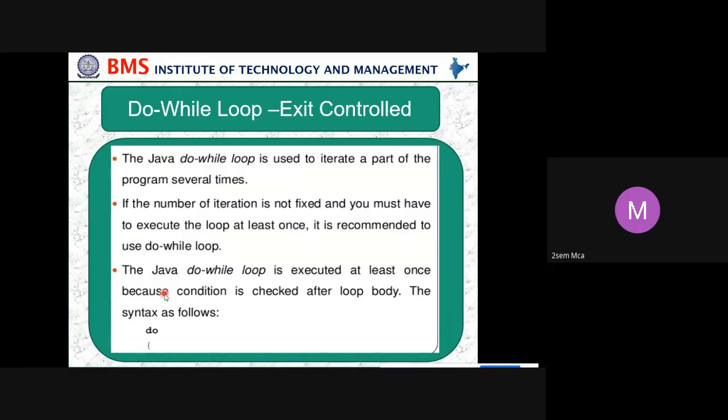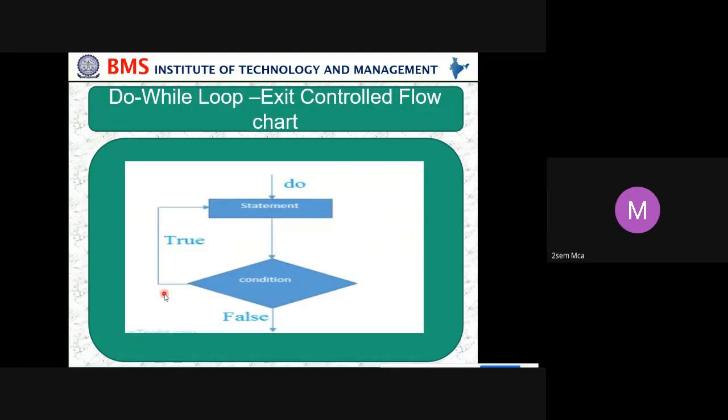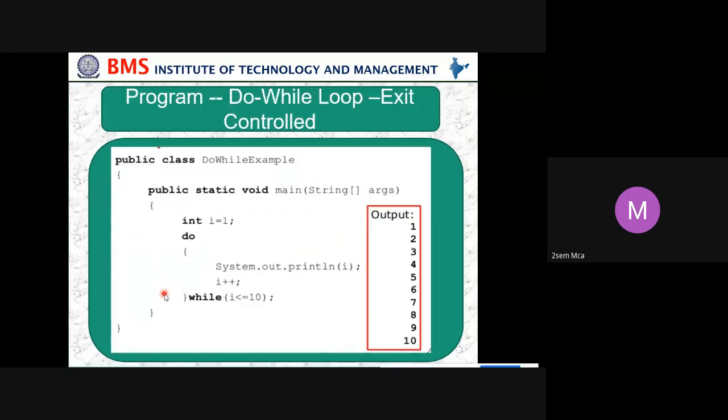If at least once we have to execute, then we may use a do while. So at least once the statement will be executed, then the condition. Based on that condition, we check whether it should be executed again or not. That's the reason it is called exit control. The same program here also prints 10 numbers.